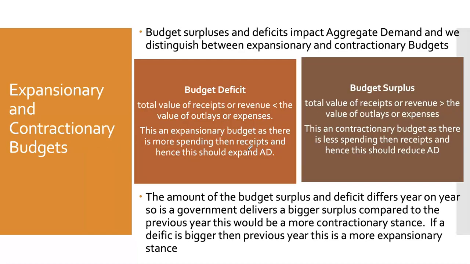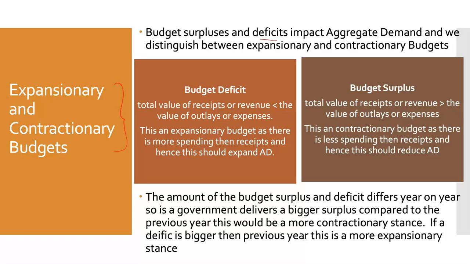So let's have a quick recap on what I mean by a budget deficit or a budget surplus. And we're going to now start to use different terminology, expansionary and contractionary budgets. Now, the reason why I'm using those terms is because governments have often made these decisions specifically for a specific reason.